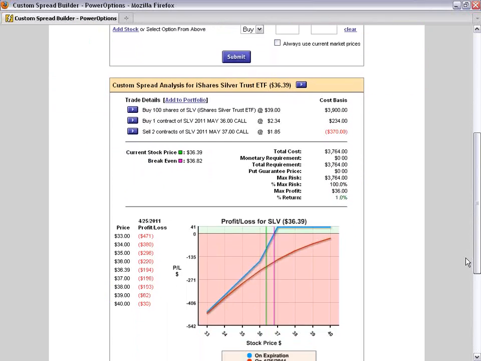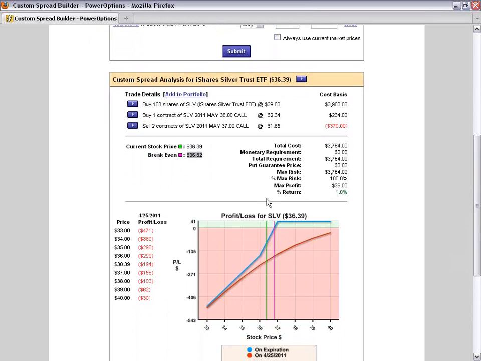And our break even is now $36.82. Again, why? Well, we collect a $1.36 net credit, which lowers our cost basis. If the stock's at $36.82, our 37 calls expire worthless, and our long call would be worth 82 cents. It gets us back to break even. Instead of needing the stock to go back up to 39, we now only need it to go back up to 36.82.